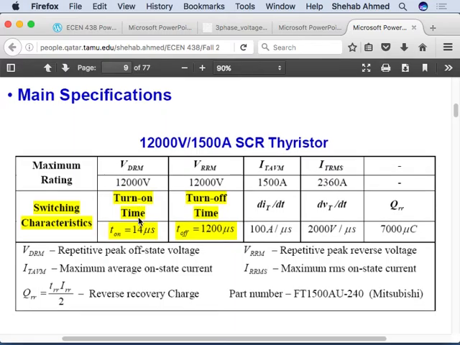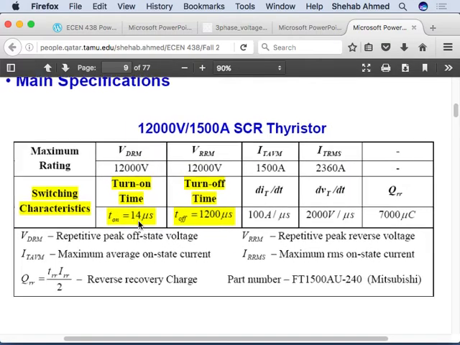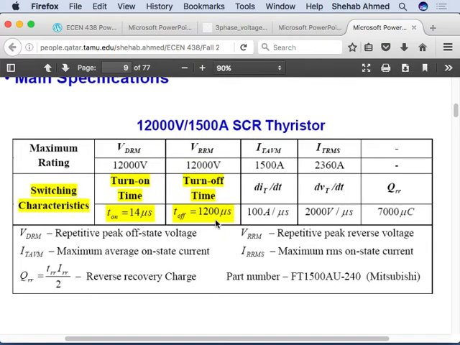This gives you some thyristor characteristics. To turn off a thyristor, turn it on and off. It turns on pretty quickly, but it turns off in 1,200 microseconds. Do you remember the exam? What was the turn off time? You don't? 100 what? Nanoseconds.